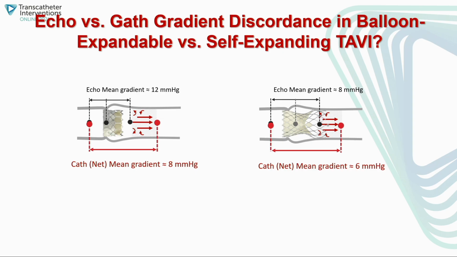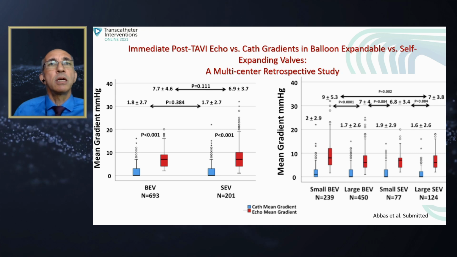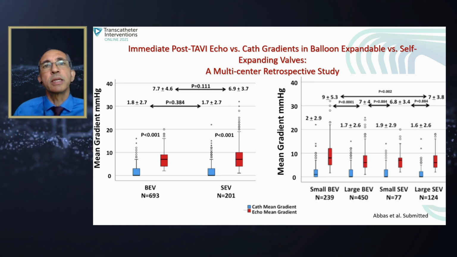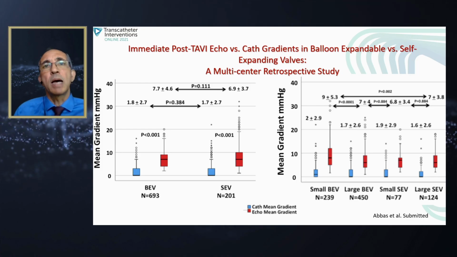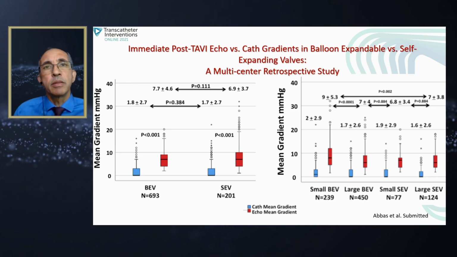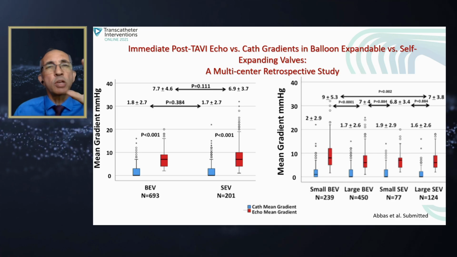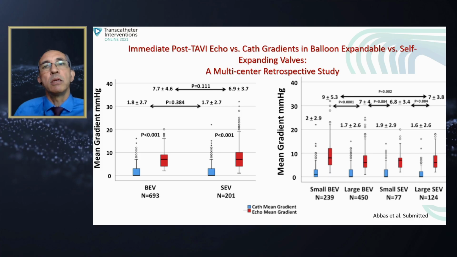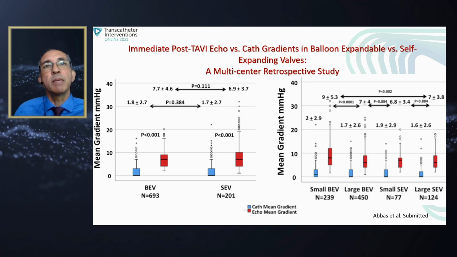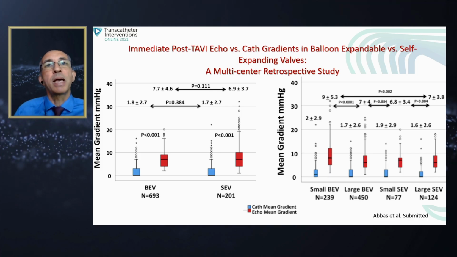The other question is: is there any difference in the difference between echo and cath according to the type of transcatheter valve that we use for TAVI? So essentially balloon expandable versus self-expanding. There is still some uncertainty regarding this issue, but in this elegant work, again led by Amr Abbas, the subset of TAVI where he found the most important difference was in the small balloon expandable valve.